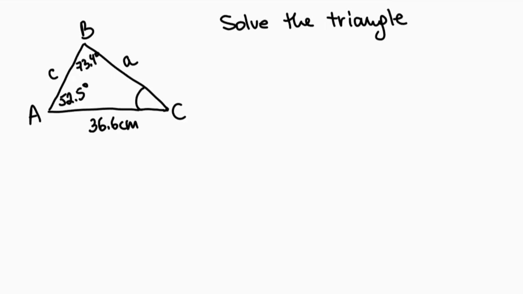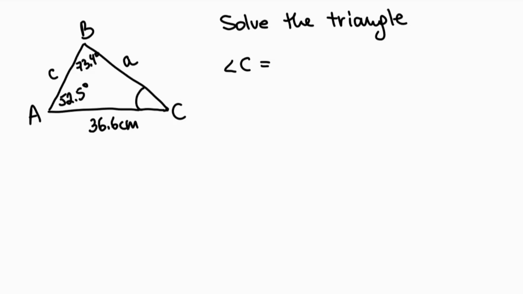Now let's solve this triangle. To solve a triangle means to find all missing dimensions within the triangle and all the missing measures. So here we need to find the measure of angle C, and we need to find both side C and side A. In order to find the angle C, we can use the interior angle sum theorem for the triangle.